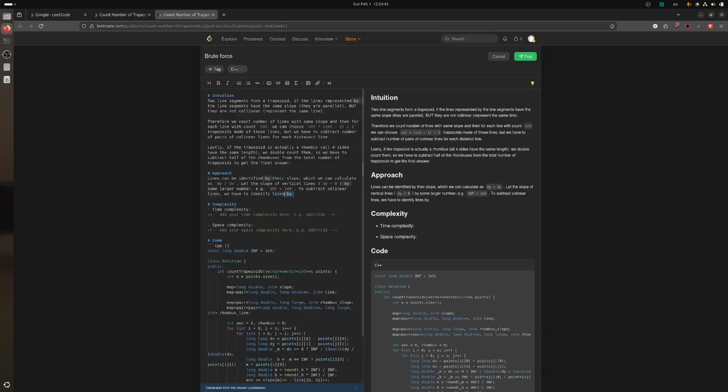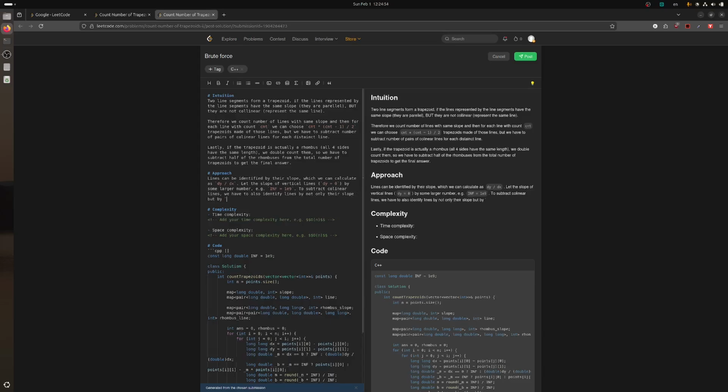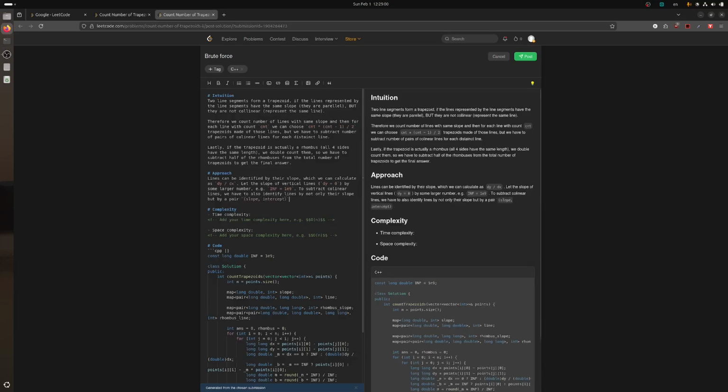We have to also identify lines by not only their slope but by a pair, slope and intercept.